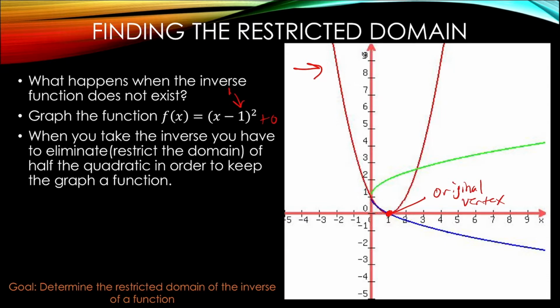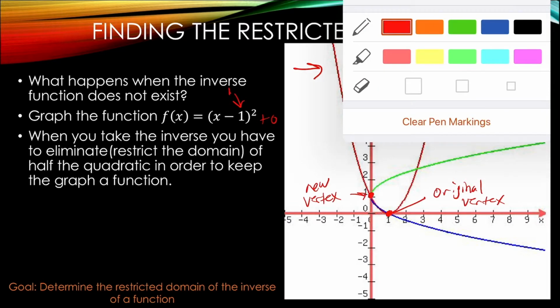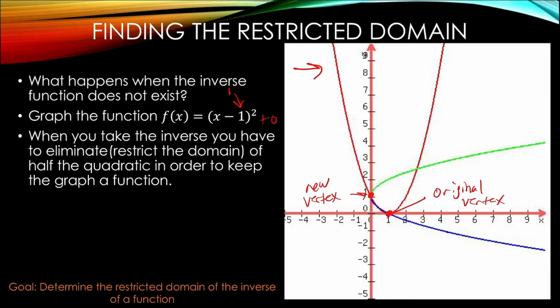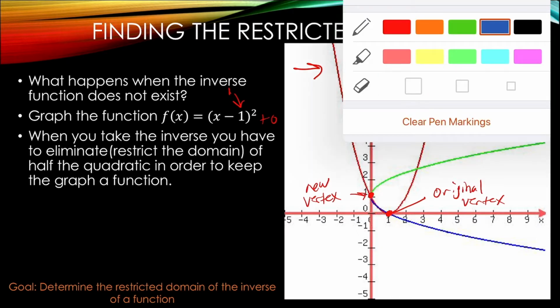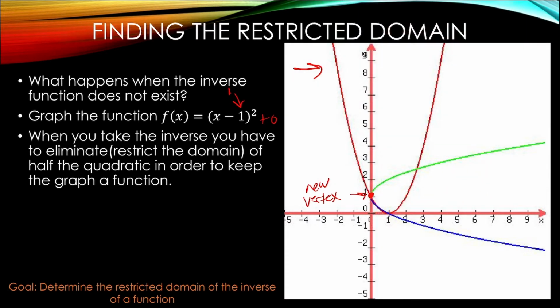Okay, then when we take the inverse, remember it's reflected over the line y equals x, so x and y trade places. There's my new vertex. When I take my inverse, I get this green and blue parabola, and I'm going to get rid of some stuff so we're not clogged up here.